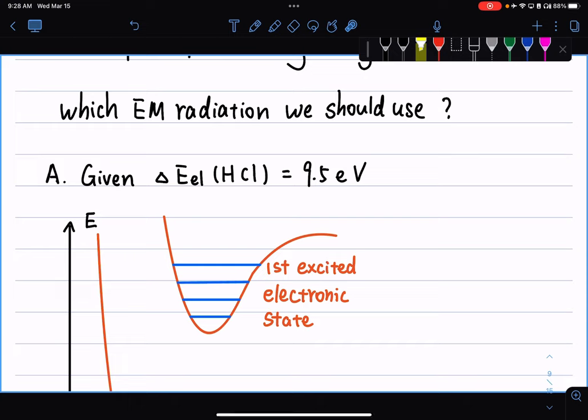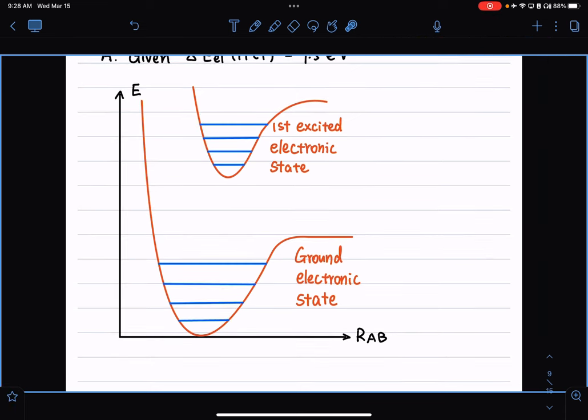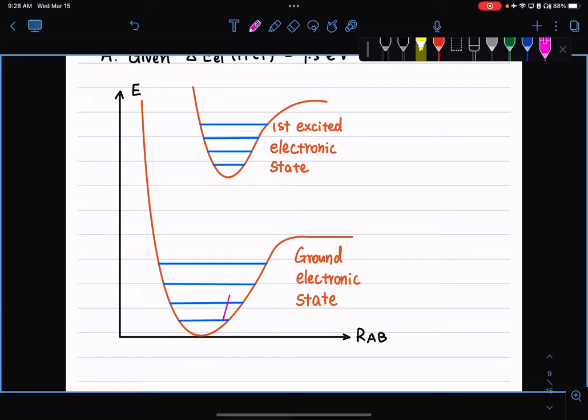Say I'm telling you the delta E electronic energy between ground state and the first excited state of HCl is about 9.5 electron volts. First thing, what does that electronic energy mean on this diagram? We're moving from the ground state electronic curve to the first excited electronic curve. So here, this is what our delta E means on this diagram.